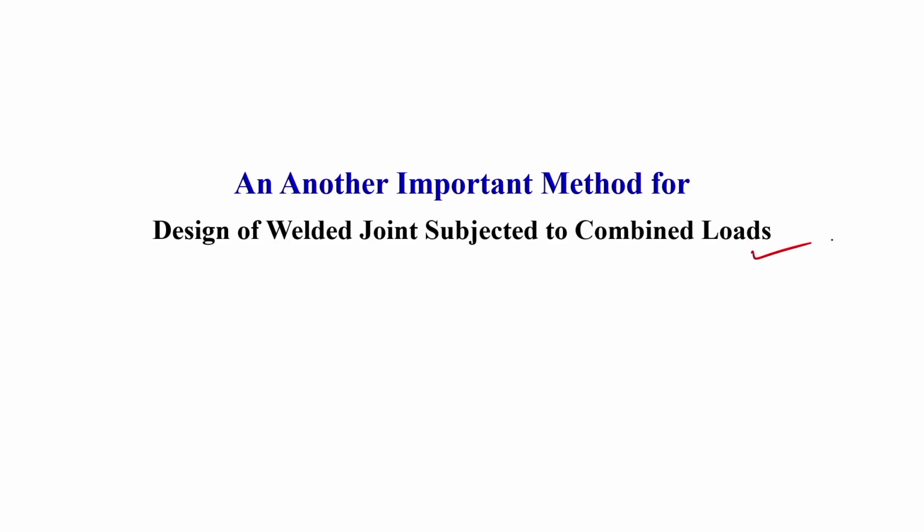To estimate that kind of information, these techniques will be very helpful. That is why I have written here, this is a very important method, especially for design of welded joints subjected to combined load.